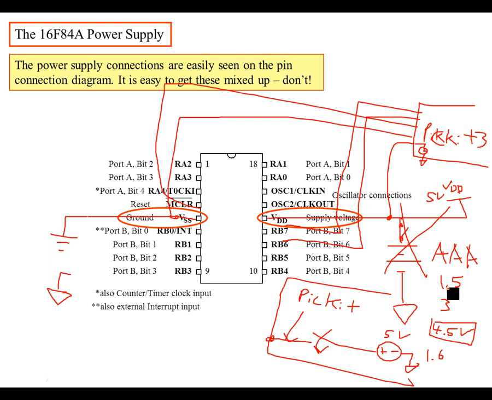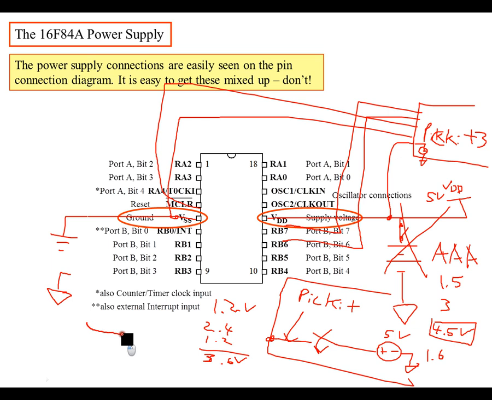Now if you use nickel metal hydride, you're going to need more batteries, because nickel metal hydride and nickel cadmium are typically 1.2 volts. In that case, 2 of those would only give you 2.4, so that's not going to be enough. You may need another one, which would give you 3.6. Make sure that you look at your batteries very closely to make sure you're going to have enough voltage.